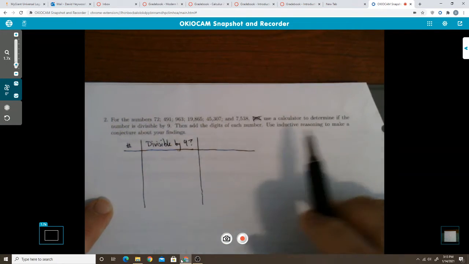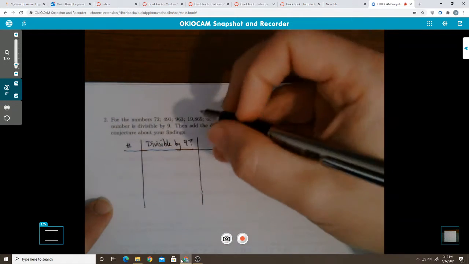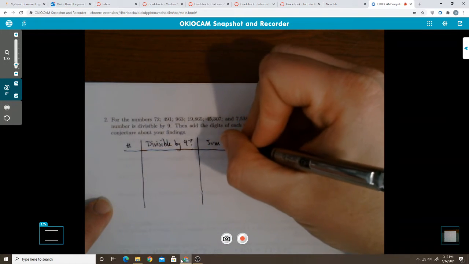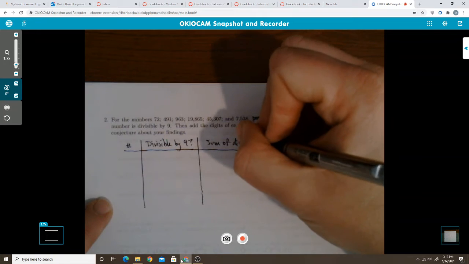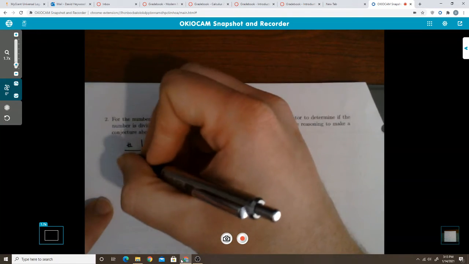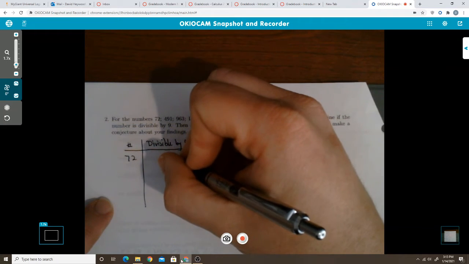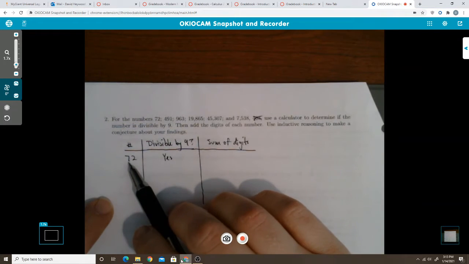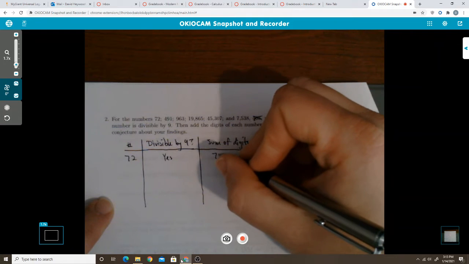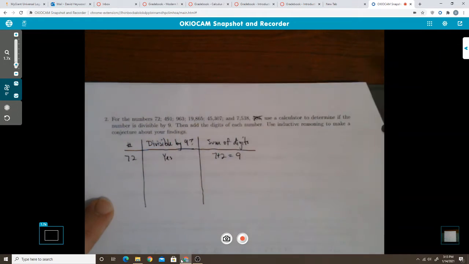And then we're also supposed to add the digits of each number, so I'll say sum of digits. Okay, so for 72, is it divisible by 9? Yes. What is the sum of its digits? 7 plus 2 equals 9.